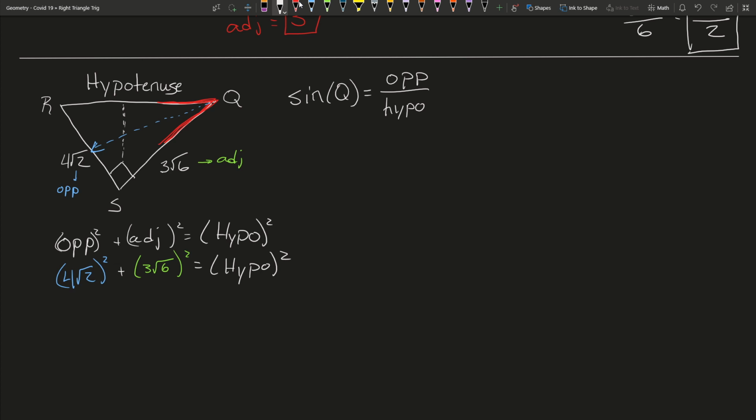Okay, so 4 rad 2 squared we can rewrite as that. 3 rad 6 squared we can rewrite as that.